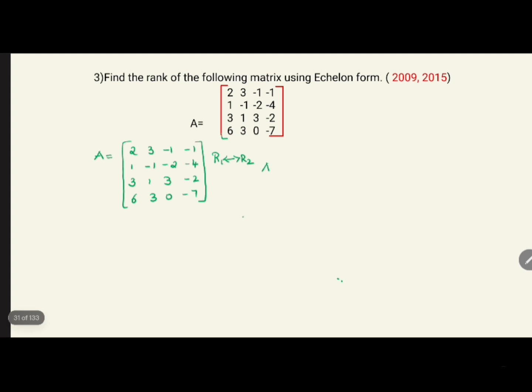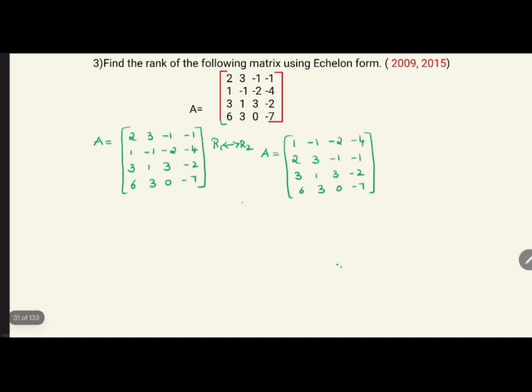What will be the matrix now? A is equal to, interchanging the rows, 1, minus 1, minus 2, minus 4. 2, 3, minus 1, minus 1. 3, 1, 3, minus 2. 6, 3, 0, minus 7. So this is the matrix that we have.